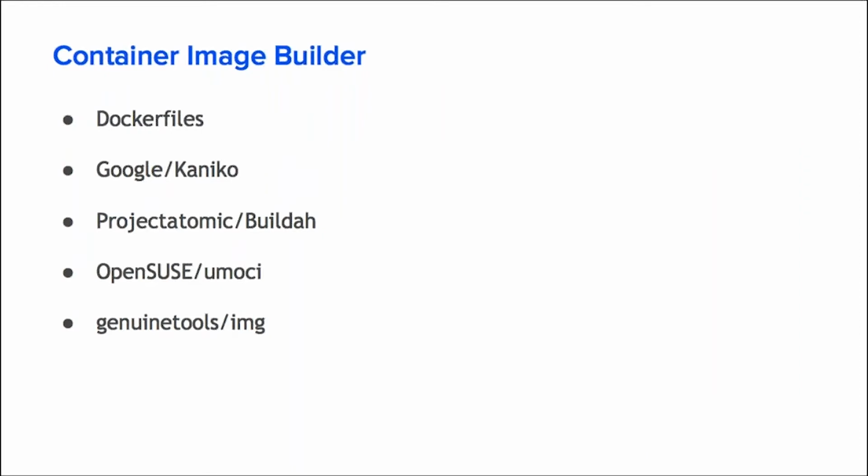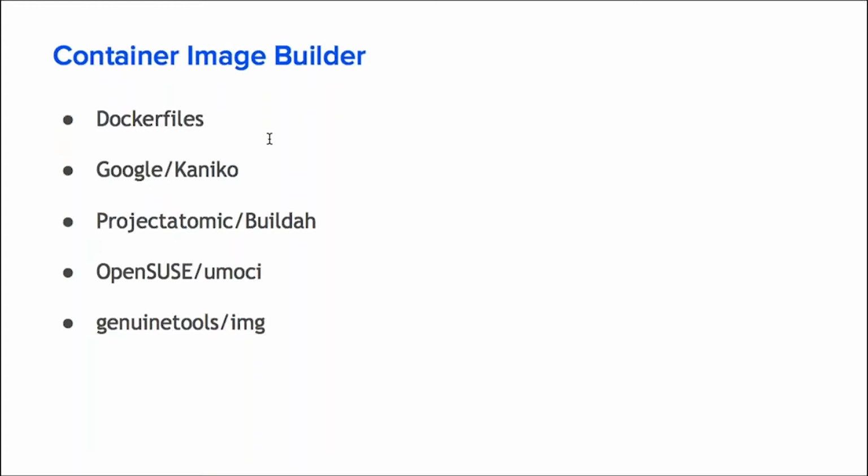So there are different tools which can be used for building these images, like Dockerfiles, Google Kaniko, Buildah from Project Atomic, and then we have OpenSUSE, OCI, and then we have a tool called img. All of these tools can be used to build an image, using which we could create containers.